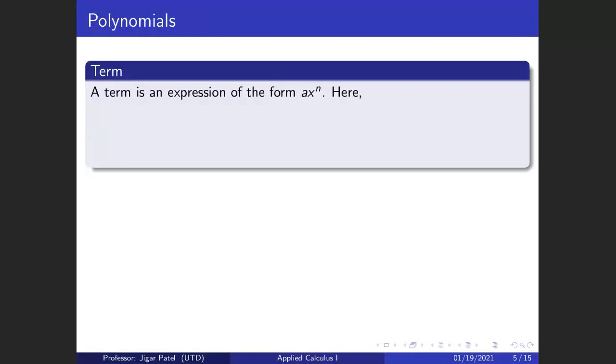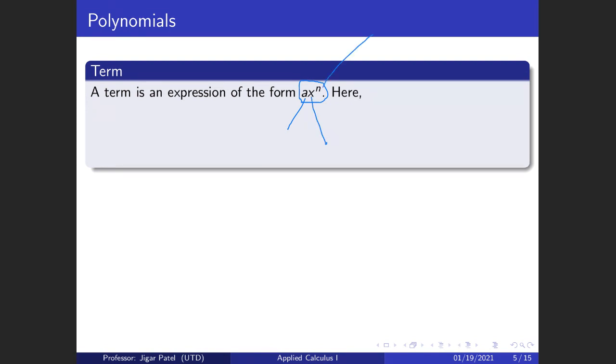A term is an expression of the form a times x to the power n. Very simple definition. Look at this. A term is an expression of the form a times x to the n. Now, understand there are three things in here: a, x, and that n.